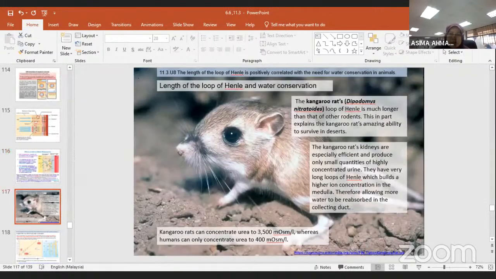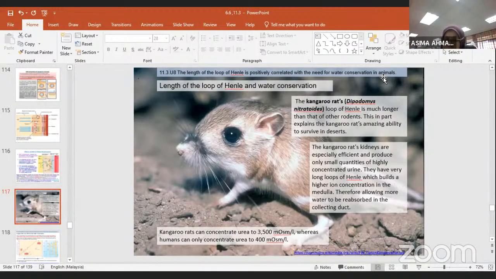Okay, this is about correlating the length of the loop of Henle to the need for water conservation in animals. Last time we learned that the main role of the loop of Henle is to generate high osmolarity in the medulla.